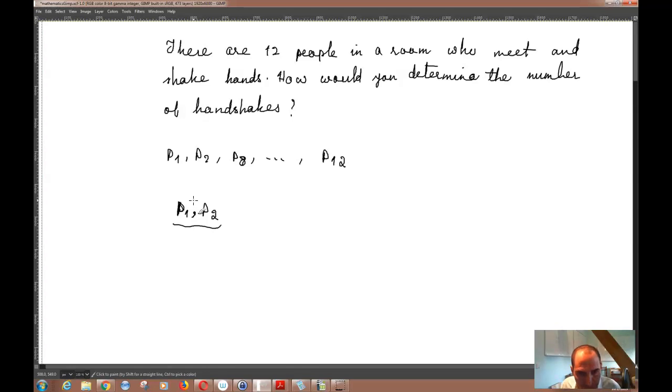So this is another typical situation where the concept of combination comes in. Of course, you can pick, for example, person 1 with person 3, or person 1 with person 4, and so on and so forth, and you would get a bunch of such selections.